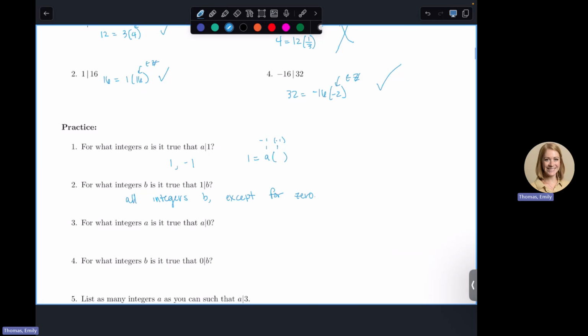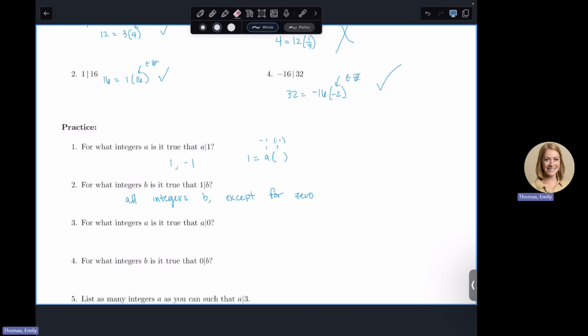Is this making sense? Yes? So far? For what integers a is it true that a divides into 0? 0 into 0 would be bad.